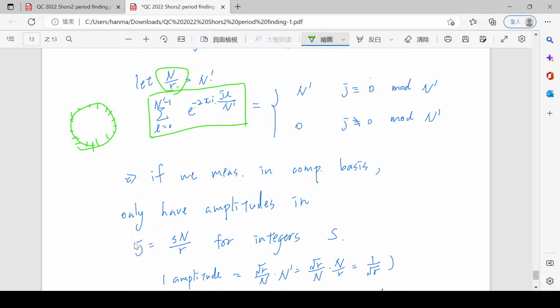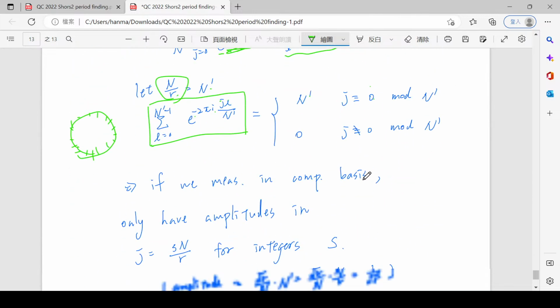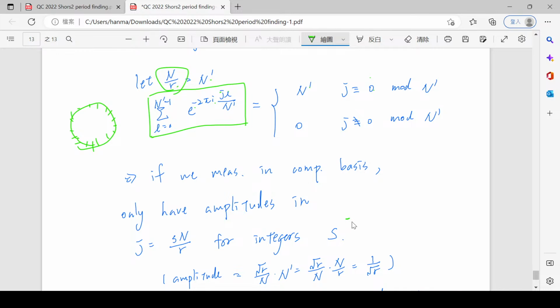So J should be S over r times n, for some integer S, and we will now think about what's the range of S. Obviously, S should be from 0, 1 to r minus 1, because you cannot have a J bigger than n, right?